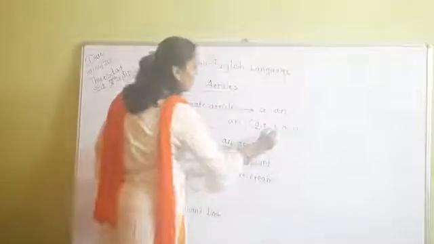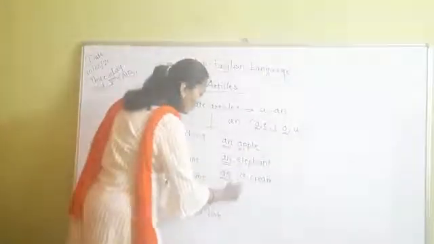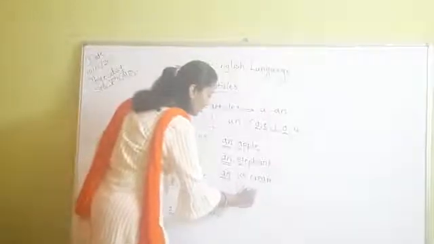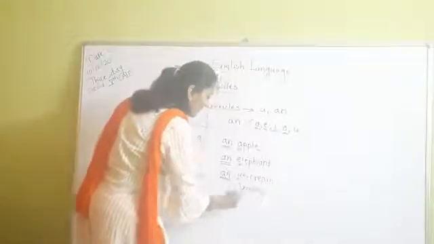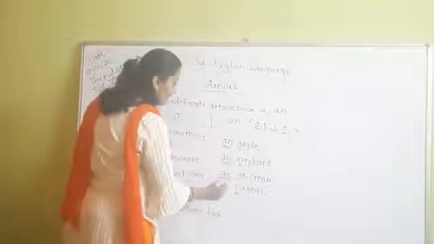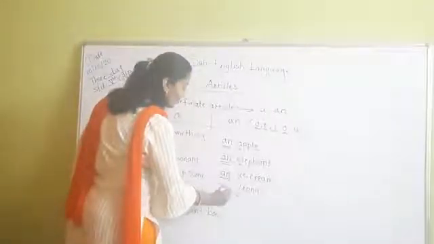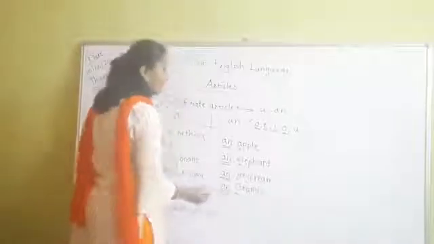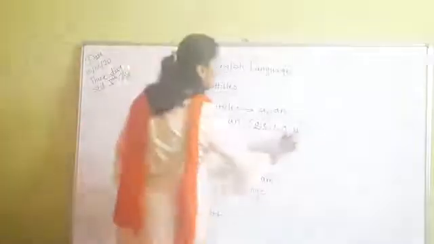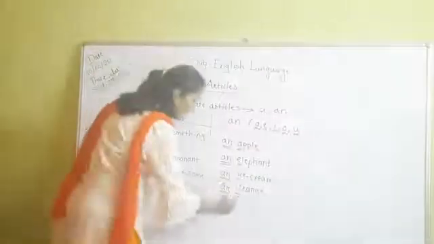Then next is O. O for orange. When the spelling begins with O, we have to write down an before that word. And U for umbrella.